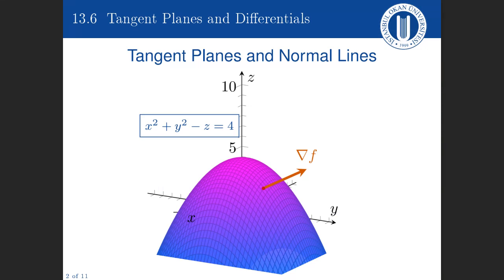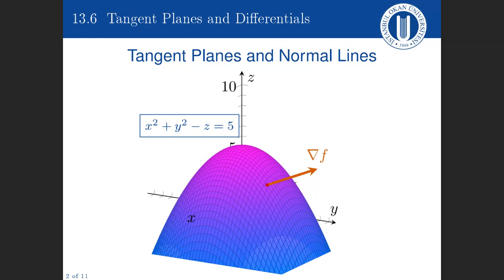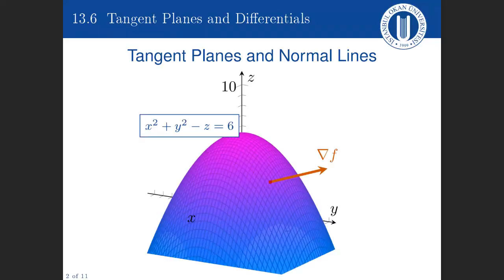I talked about the gradient vector as the uphill direction, but there's another way to think about it. If we think of a surface as an equation involving x, y, and z equal to a constant, then we can think of the gradient vector as the direction that we go if we increase this function.